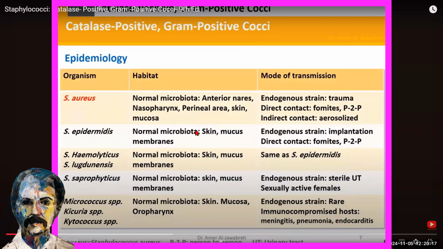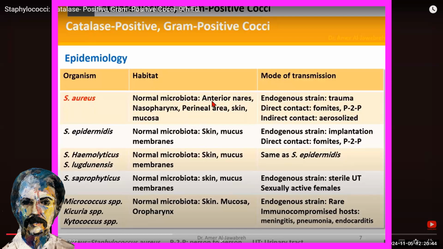If you look here, the epidemiology, I have just made this red. And if you look here, the habitat, normal microbiota. S. aureus, normal microbiota, but not for everyone. Only for certain people who are medical team and 10 to 15%, not more.